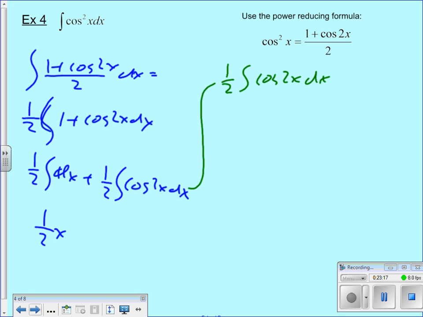What do we say we want to let u be? 2x. If u equals 2x, du equals 2 dx. Move the 2 over to the other side, so 1/2 du equals dx. Oh, wow, this is even easier than it looks.